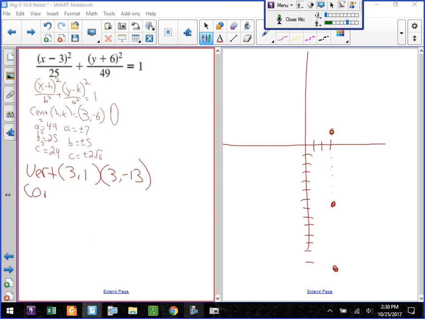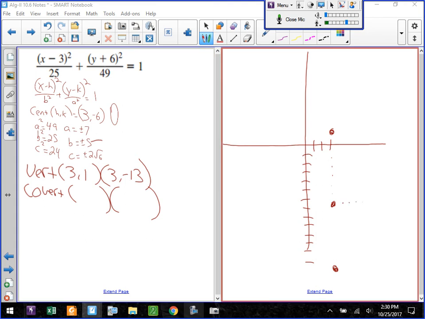Go vertex. I'm going to go left and right 5. Oops, that's 3, 4, 5. Then that -2, 1, 2, 3, 4, 5, and 8.